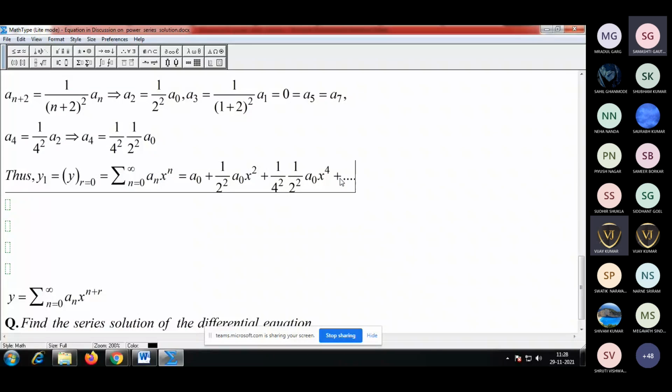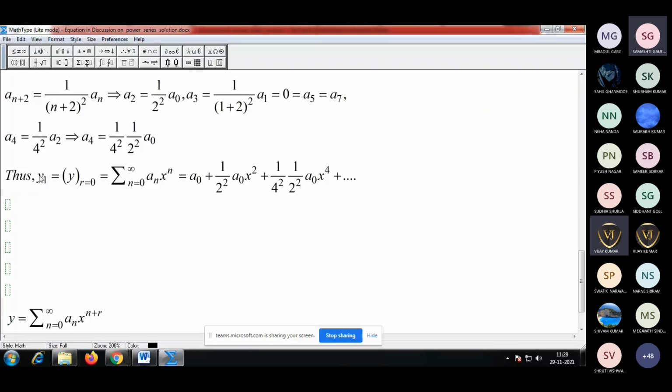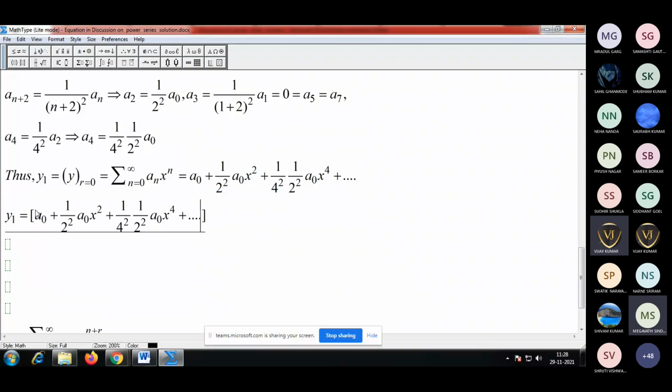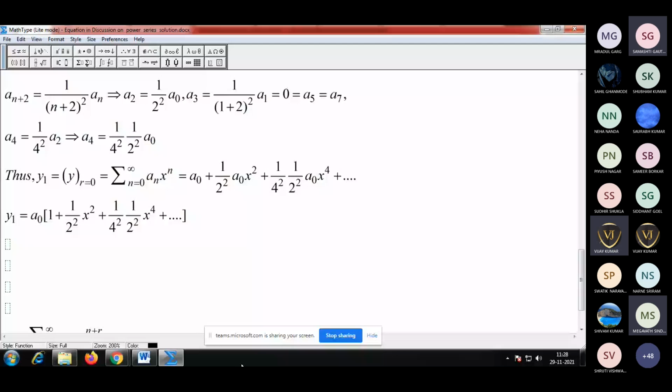So in this way, y1 has come. y1 is equal to, we may take common a0 outside. So a0, then 1 plus this one plus this one, and so on. So this is the value of y1.